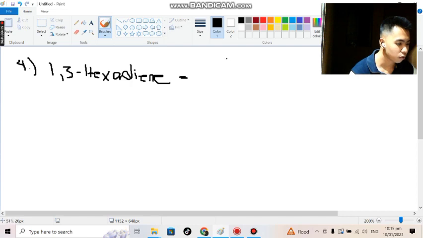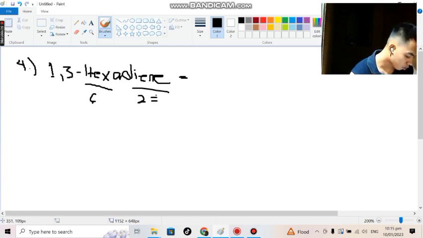We're going to point out some keywords here. Hexa means that this is 6 carbons, and diene means there are 2 double bonds. The double bonds are located in carbon 1 and carbon 3.